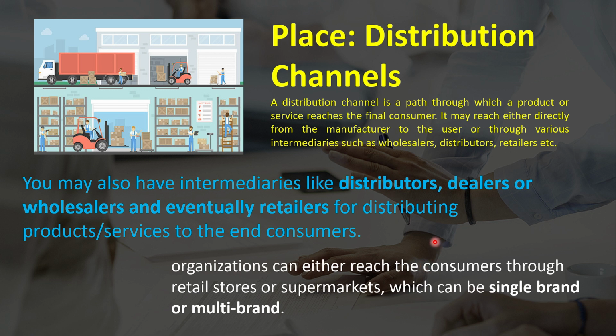A multi-brand store can have both Apple and other products like Realme, Poco, etc., or Nike, Adidas and Puma. Single brand is like the showrooms of Nike itself or Adidas itself, and multi-brand is nothing but a store which has both.